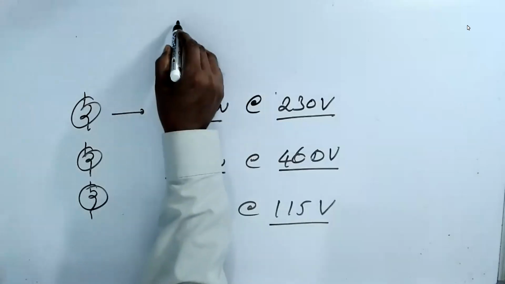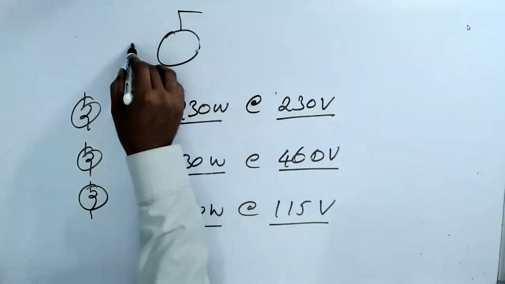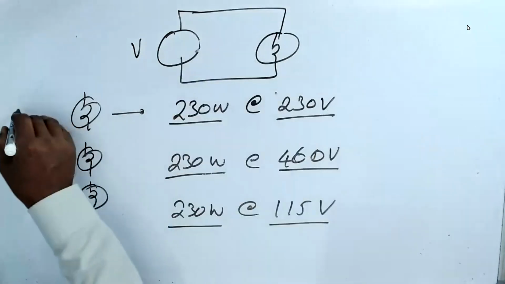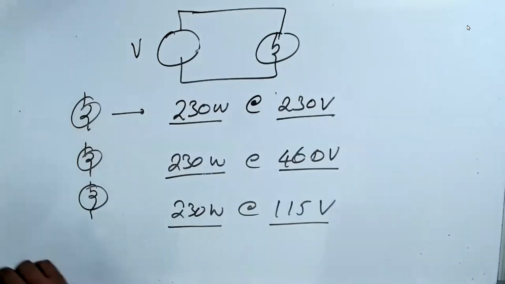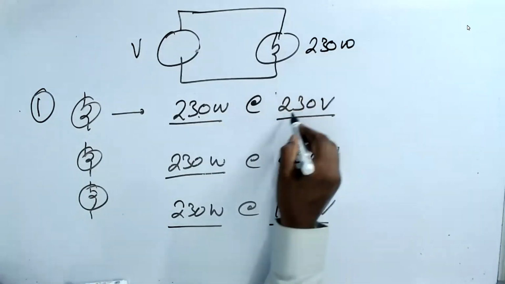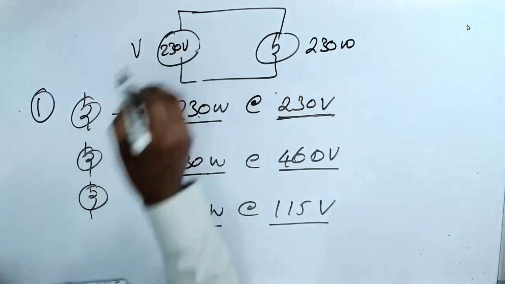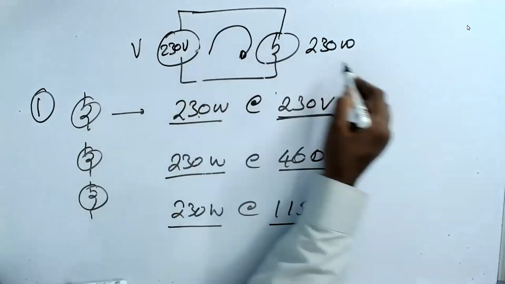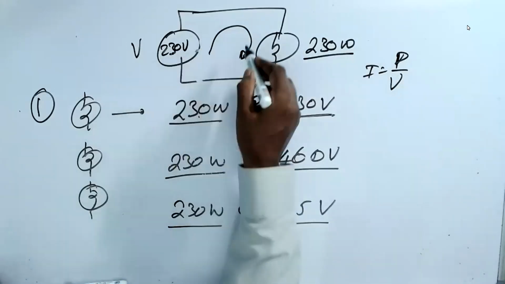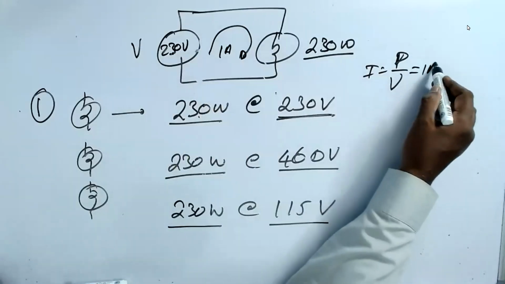Now let us draw a circuit, V and the bulb. Let us take the first condition. This is 230 watts. This is 230 volts. So I is equal to P by V, 230 watts divided by 230 volts, I is equal to 1 ampere.